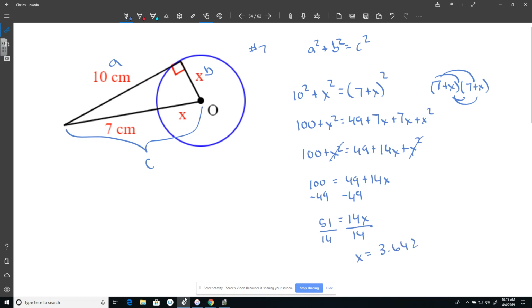I'm assuming that it's going to ask to round to the 10th place. Make sure you read the question carefully, but it should ask you to round to the 10ths, which is right there. So x equals 3 point. The 4 makes me round it to 3.6. So my answer would be 3.6.